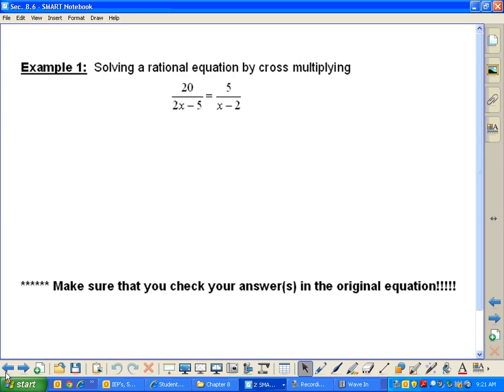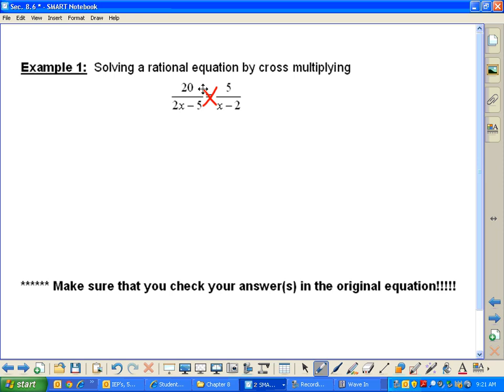In example 1 right here, I'm asked to solve the rational equation by cross multiplying. So you'll see how I know I'm supposed to cross multiply: I have one single fraction, a numerator over a denominator, set equal to precisely one other numerator and one other denominator. So right now I'm going to put an X right over my equal sign.